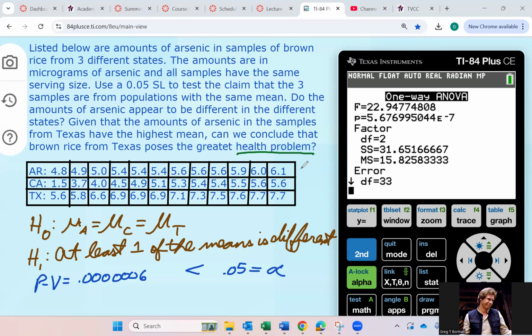Health problems can occur from more than just arsenic, although that certainly can be a contributing factor. You get enough of it in you, it is poisonous or deadly. But there are other things that could be going on with the rice that might make Arkansas or California cause bigger health problems. This study definitely does not examine anything other than arsenic, but there could be other things as well.